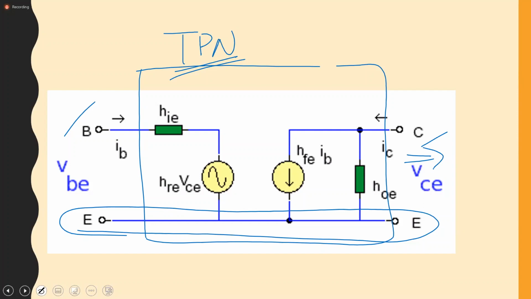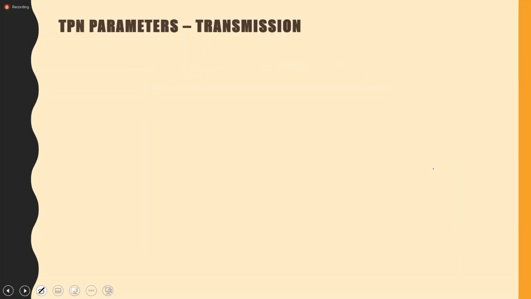The next one that we will look at, which will be the transmission parameters, will have application to your power engineering. All right. So, having dealt with this, we now move to the transmission parameters.